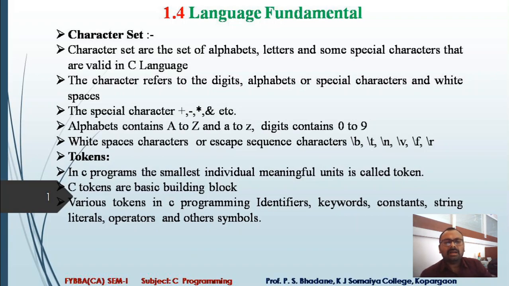Identifiers are user defined words like sum, roll number, sub underscore marks and are used for variable and function names. Keywords are reserved words like int, float, for, while, etc. Constants are fixed values which do not change throughout the program, like 10, 5 and many more.